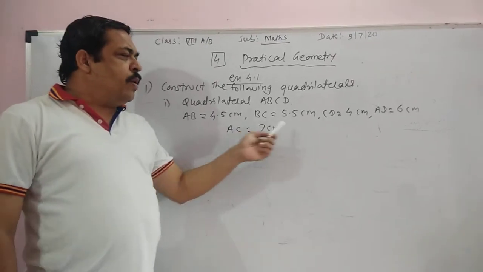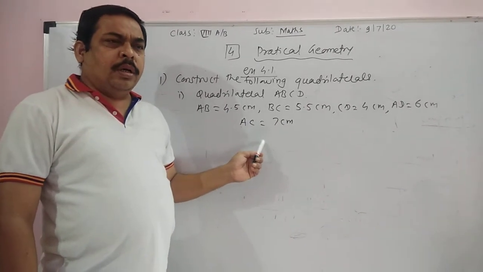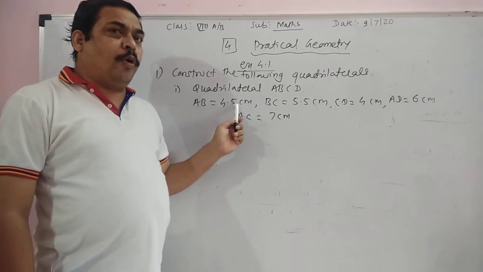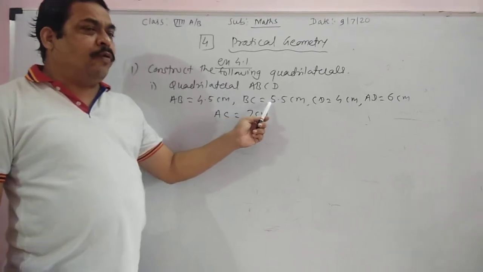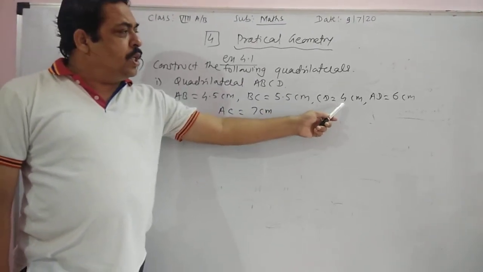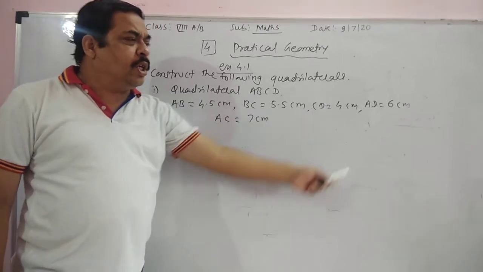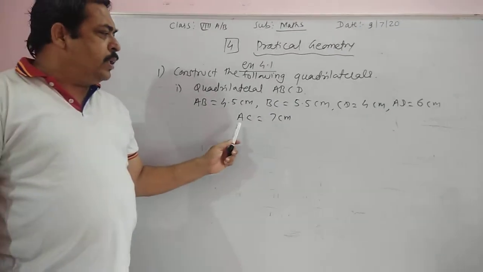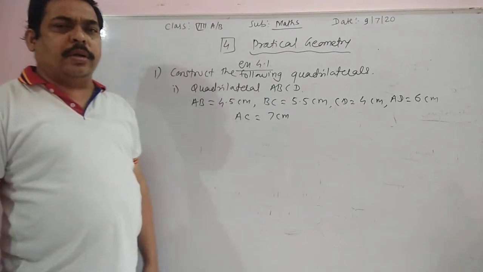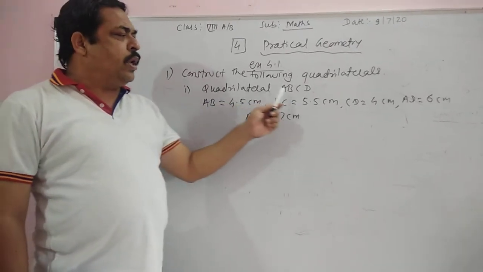The measures of 5 components are given. AB is equal to 4.5 centimeter, BC is equal to 5.5 centimeter, CD is equal to 4 centimeter, AD is equal to 6 centimeter, and AC is equal to 7 centimeter. We have to construct the quadrilateral.